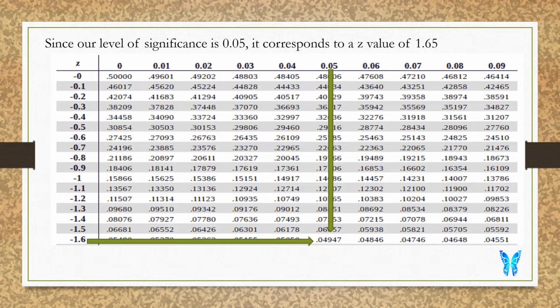If we add 1.6 plus 0.05, we have 1.65 as the result, and that serves as our z value. Here is an illustration: 1.6 plus 0.05 is 1.65, because 0.05 is approximately equal to 0.04947.